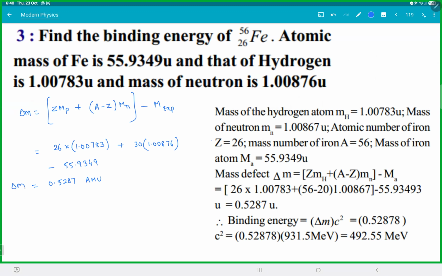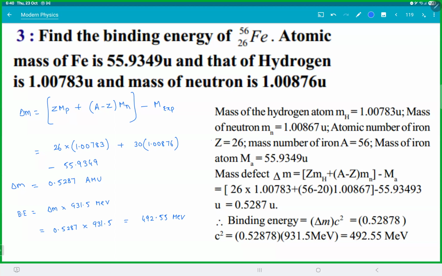That's your mass defect. Once you have the mass defect, the binding energy will be delta M into 931.5 MeV. That's 0.5287 into 931.5. That is 492.55 MeV. The concept is pretty straightforward. The numbers are the bad part.